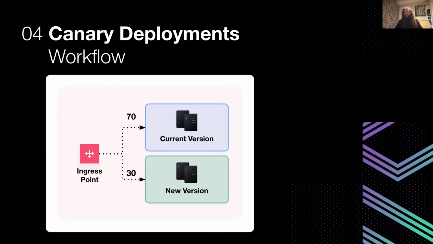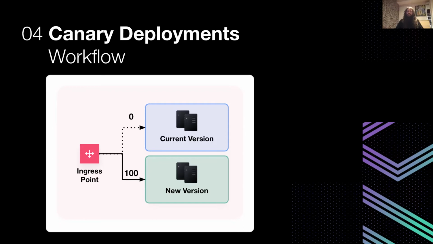Now we have 30% of traffic hitting our new version, and we need to check very carefully our monitoring solutions and maintain the observability of our product, to see if there's anything going wrong. And once we're sure that the new deployment is functioning correctly, we can move all the traffic over to the new version.